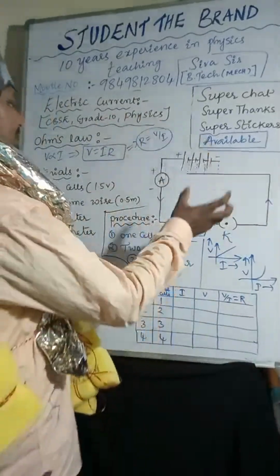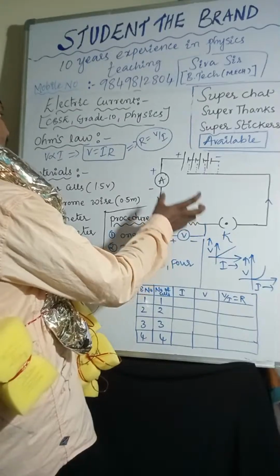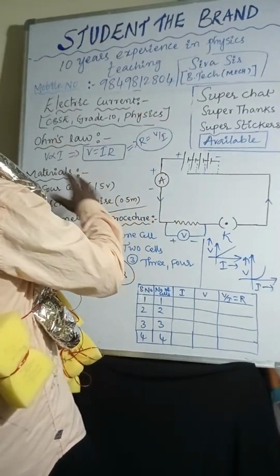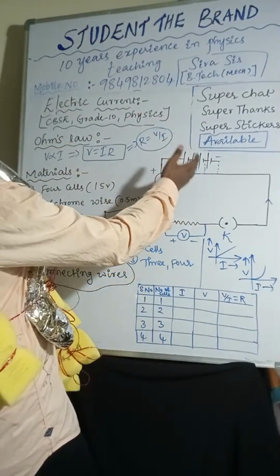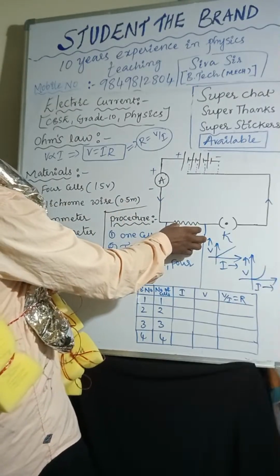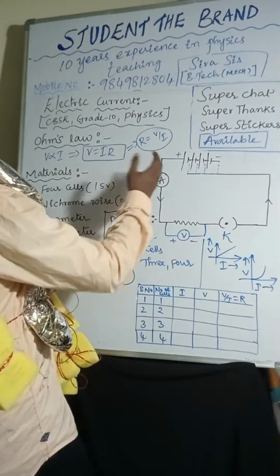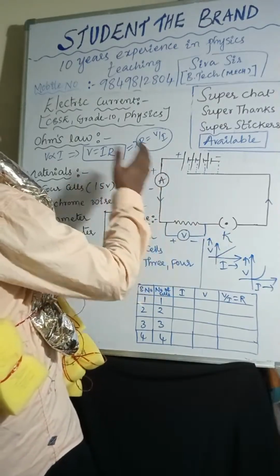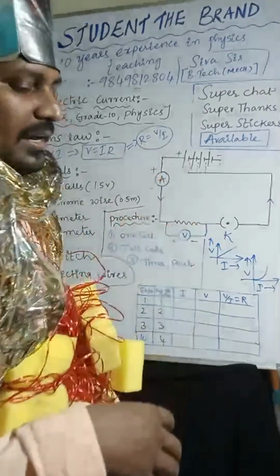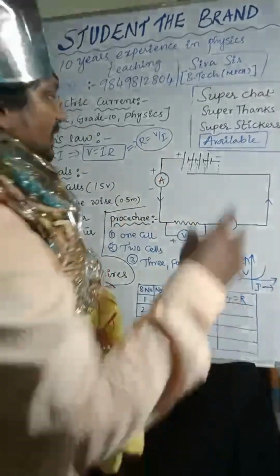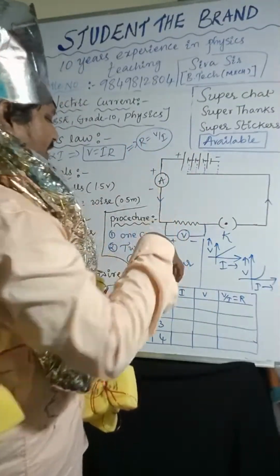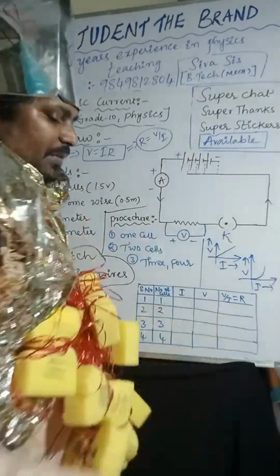The potential difference across the ends of the given metallic conductor is directly proportional to the current, V equal to IR, R equal to V by I. Materials: 4 cells, 1.5 volts each. Nichrome is an alloy of nickel, chromium, manganese and iron metals. Ammeter, voltmeter, switch and connecting wires. First connect one cell and note down the reading of ammeter and voltmeter, then connect two cells and note down the readings, repeat the process for 3 and 4 and mention in the tabular form given below.